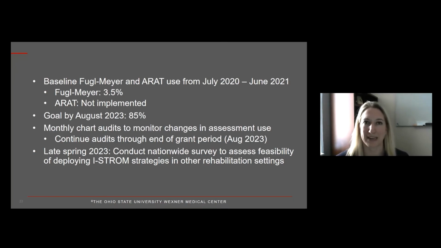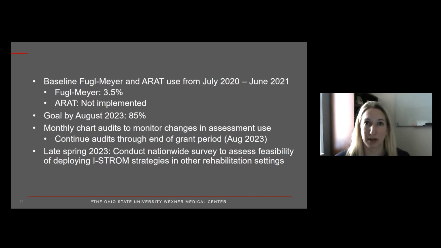The Fugl-Meyer and the Action Research ARM test might not be appropriate for those patients who don't have the endurance to participate in these two assessments, or more importantly, who cognitively have a hard time following basic to complex commands. And so the monthly chart audits that we will conduct will tell us whether or not our rates of implementation have changed over the course of time.